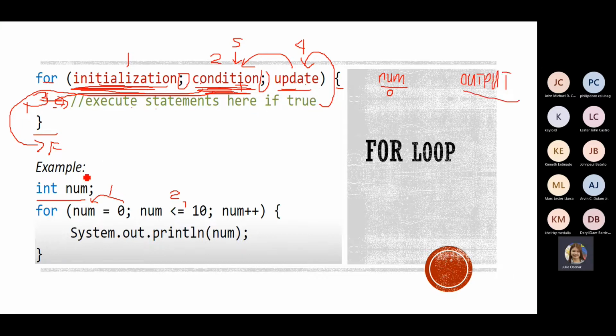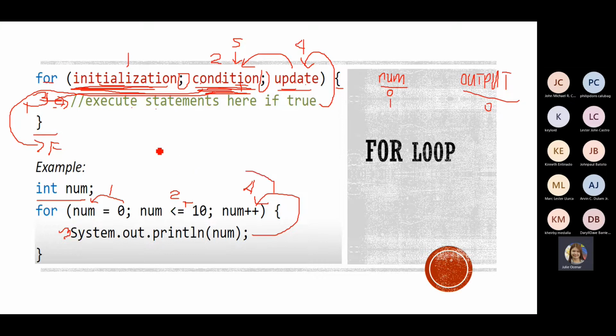So 0. It will print the value of num, which is 0. Then from here, it goes here. This is the third step. The fourth step is that it increments. So increment, this will be 1.